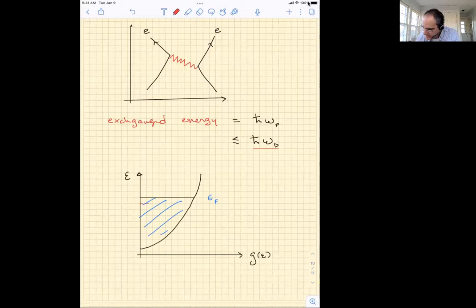It's only those electrons that are within h bar omega D that interact. And so it's only in this region, these are the electrons that exhibit the pairing. And so it's only this part of the density of states that becomes distorted.